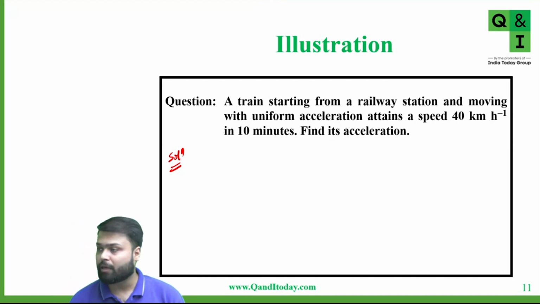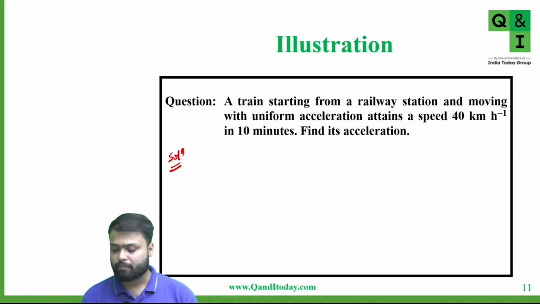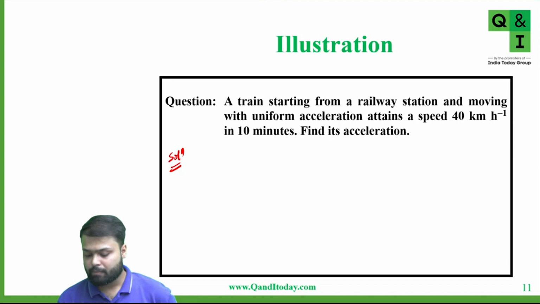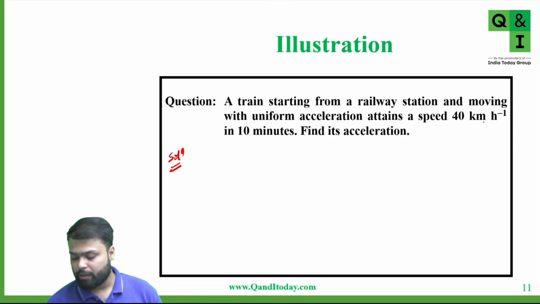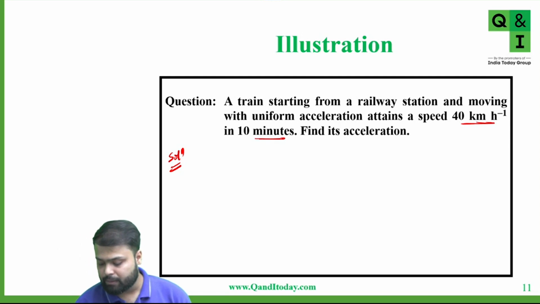Again, use the same formula: acceleration is change in velocity with respect to time. Again, take care of the units. Here, the unit of speed is kilometer per hour and time is in minutes.